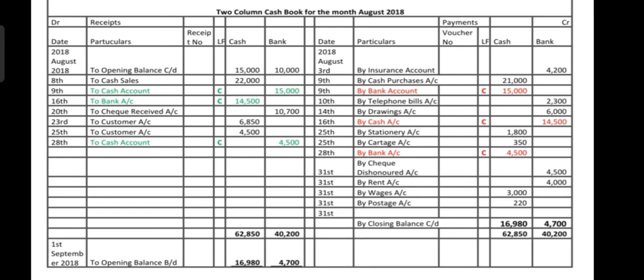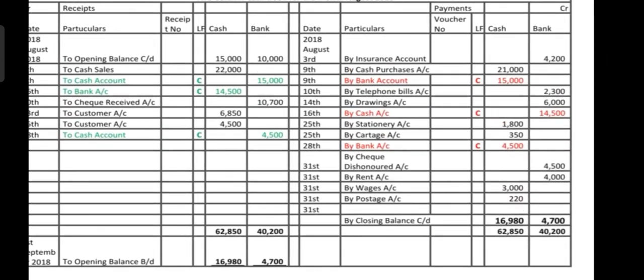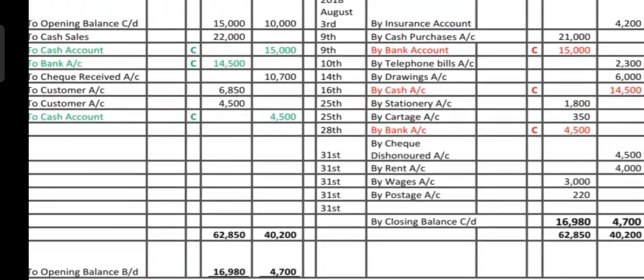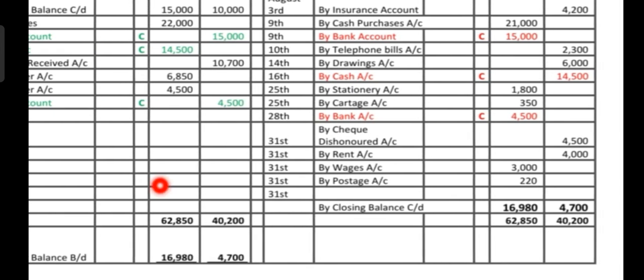Now the same may not happen in the case of bank. It may happen, it may not happen. So first you should find which side total is more, either the receipt side or the payment side. In this problem it is showing more under the receipt side, that is 40,200. The same you are going to write in the bank column payment side, 40,200.